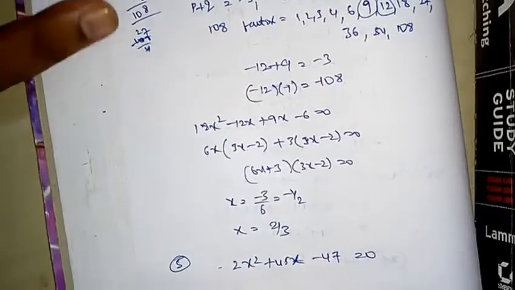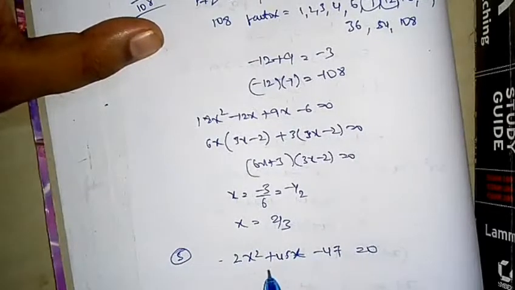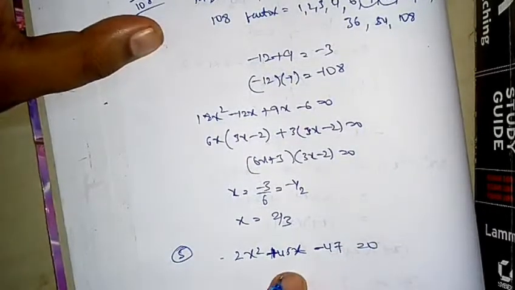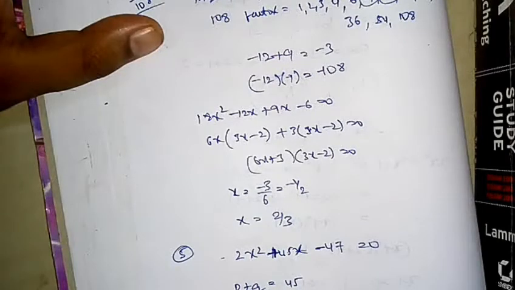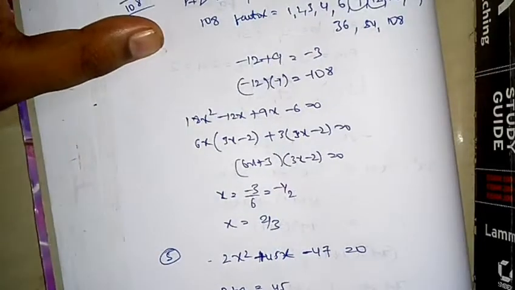This is the equation we got in section 5.1. Now to find the roots of the equation, what you can do is find two numbers p and q: p plus q should be equal to 45 and pq should be equal to 2 into minus 47, which is minus 94.